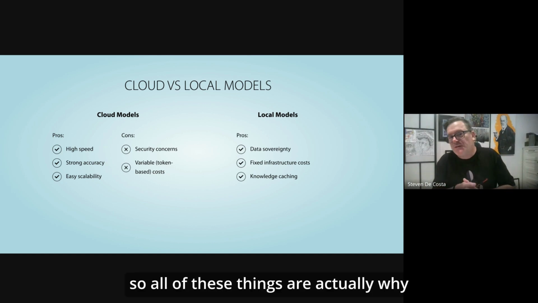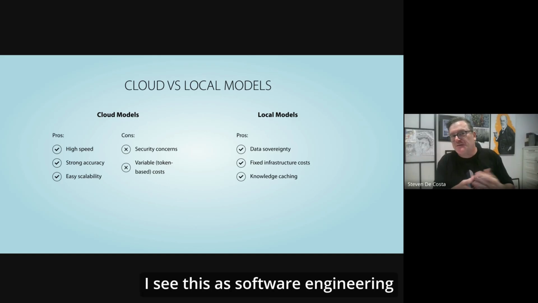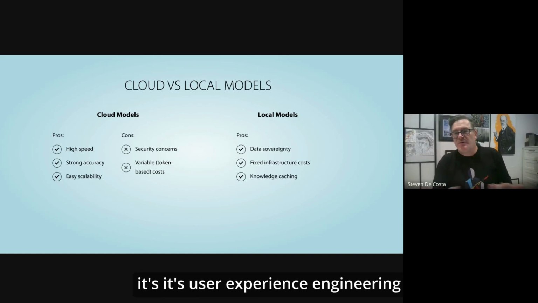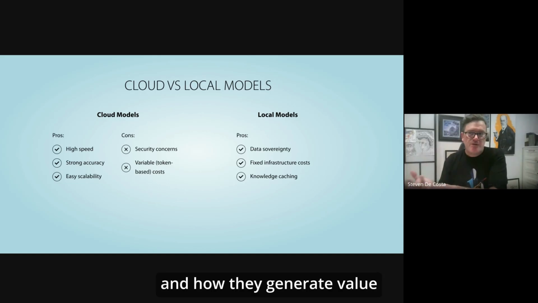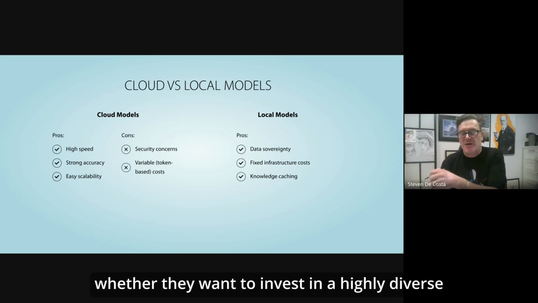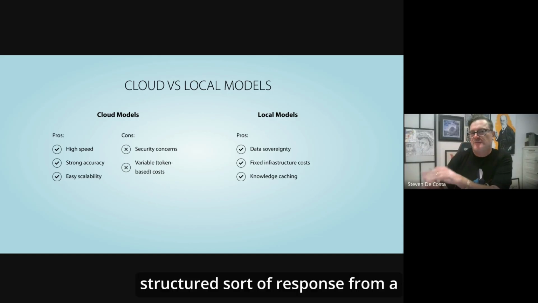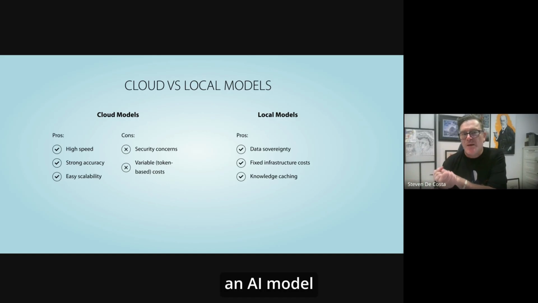So all of these things are why I see this as software engineering. It's user experience engineering. It's the business model of the data portal holder and how they generate value, whether they want to invest in a highly diverse, structured sort of response from an AI model.